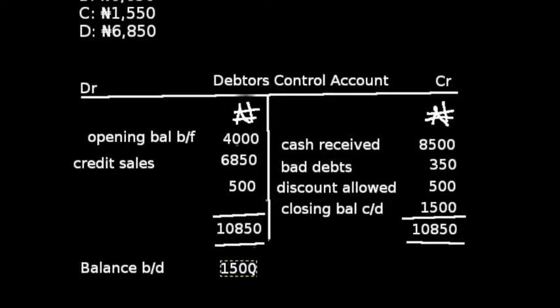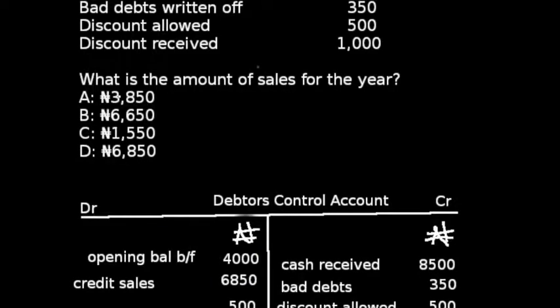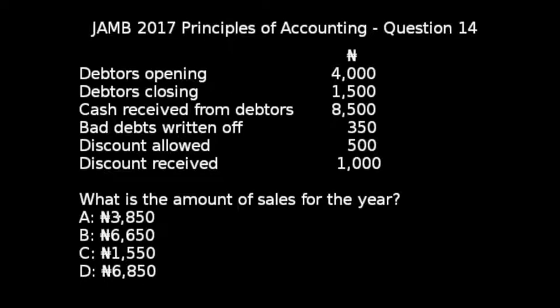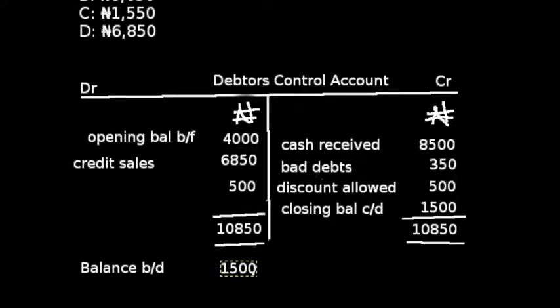And then quickly, we consider the next item. The next item there is cash received from debtors, which is 8,500. We have to post it to the credit side of the debtors control account, 8,500.